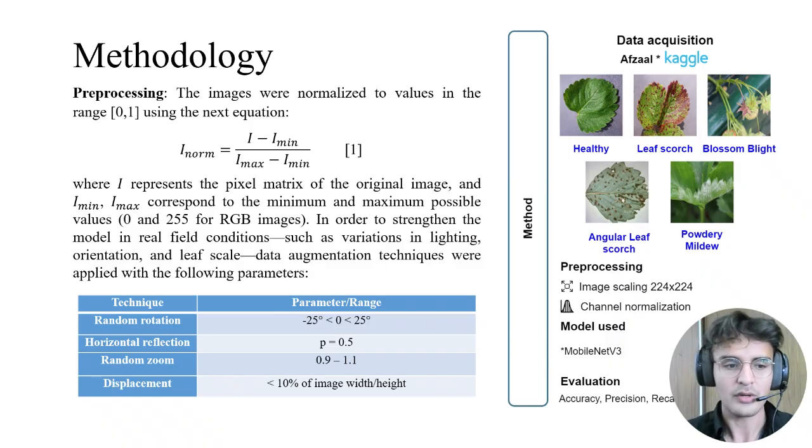In order to strengthen the model in real-life conditions, such as variation in lighting, orientation, and leaf scale, data augmentation techniques were applied with the following parameters. For the techniques, we have random rotation from minus 25 degrees to 25 degrees, horizontal reflection, random zoom, and displacement.